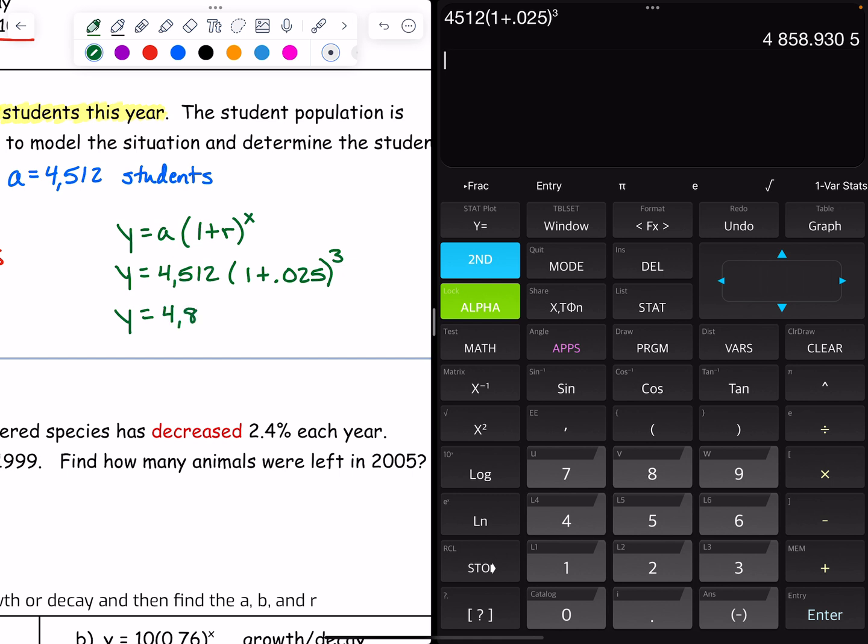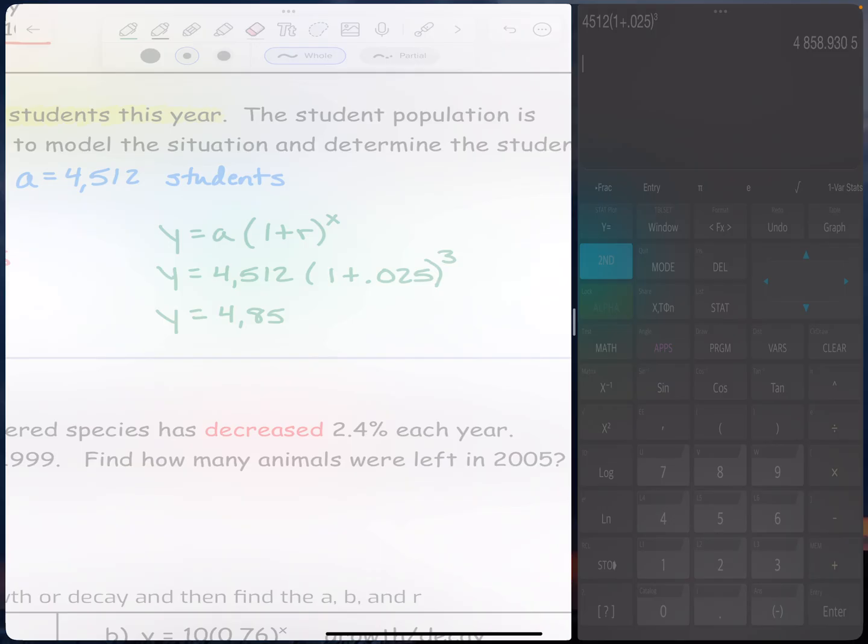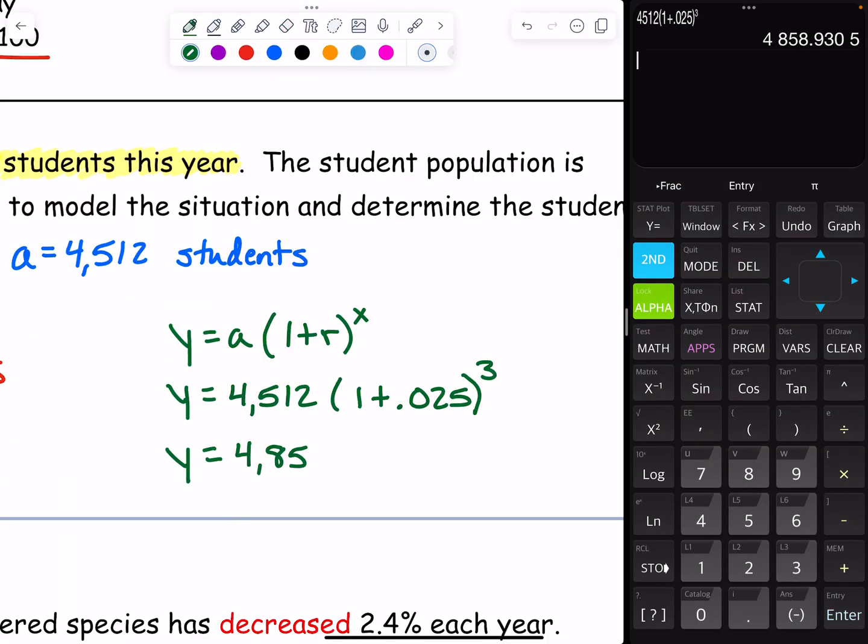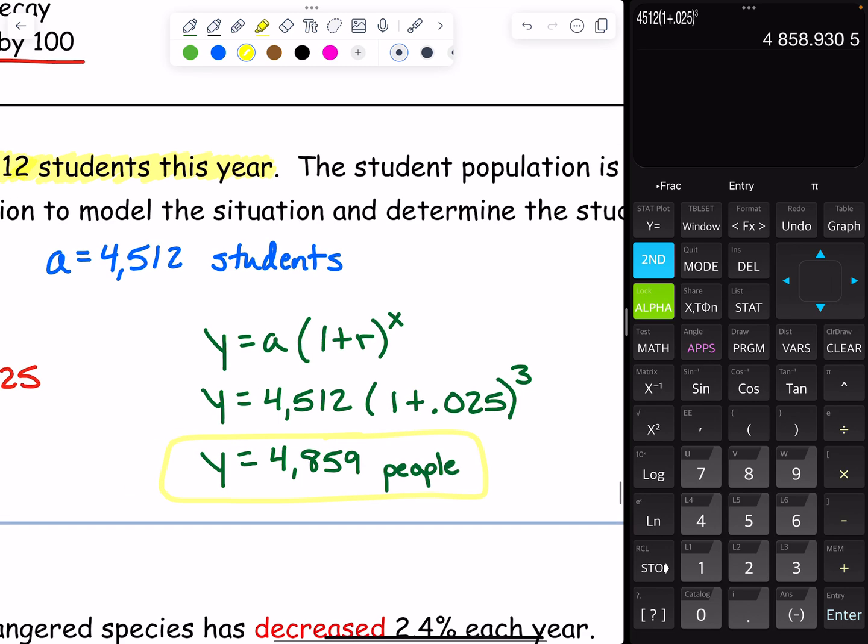So I get 4,858.9 people, or we can round up, which would make a little more sense and just say, if rounded to the nearest person, it would be 4,859 people after 3 years. Okay, so that's the answer to that one, and that was our equation that helped us find it.